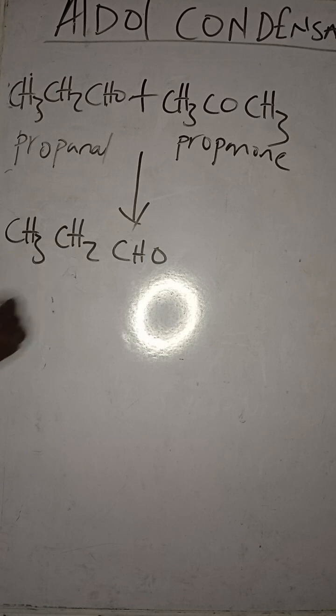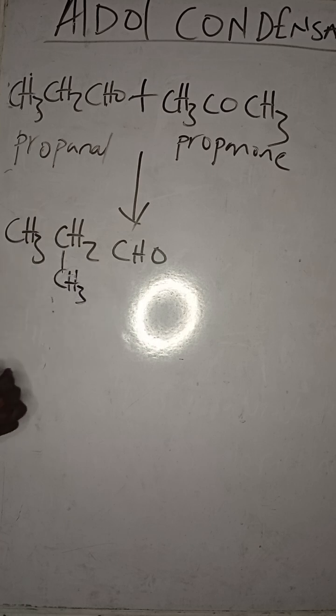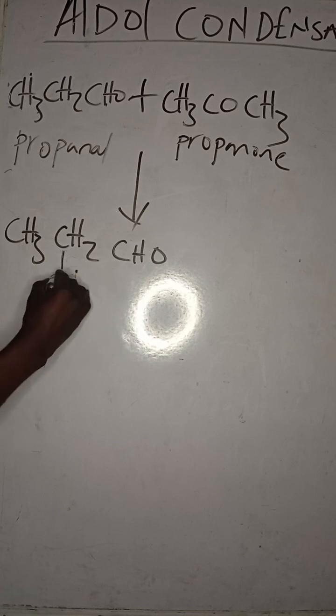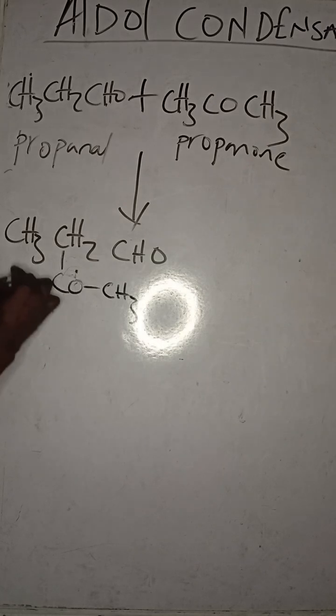Then I write the propanone in a way that it's going to attach itself to the alkanal. Let's say it's going to be CH3. So I'm going to write it in a way that it's going to attack. So it's going to be CO, CH3, CH3. Okay, better still.